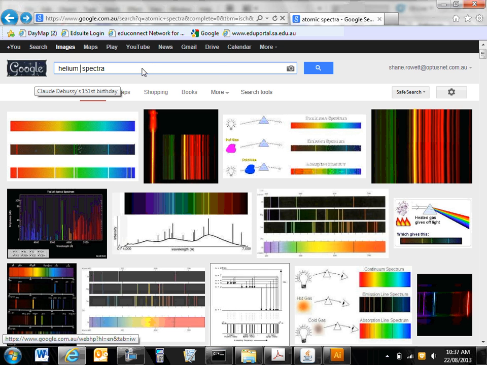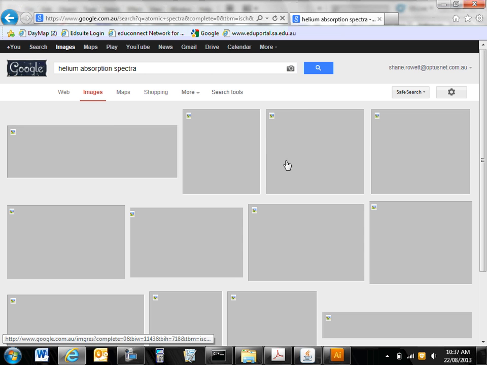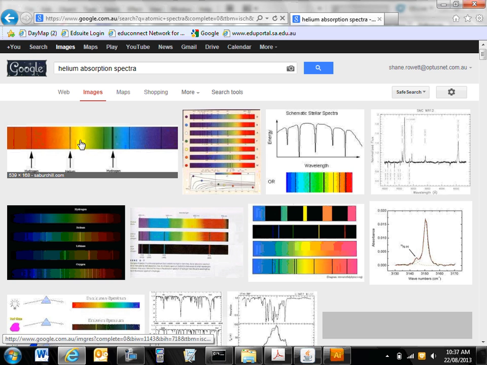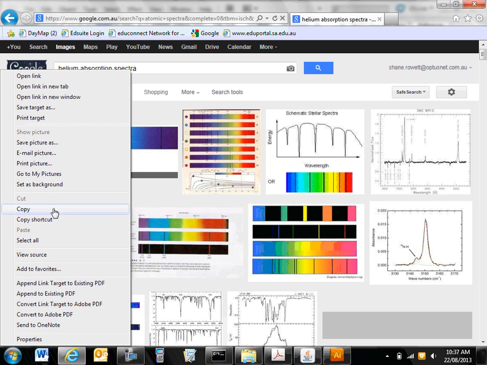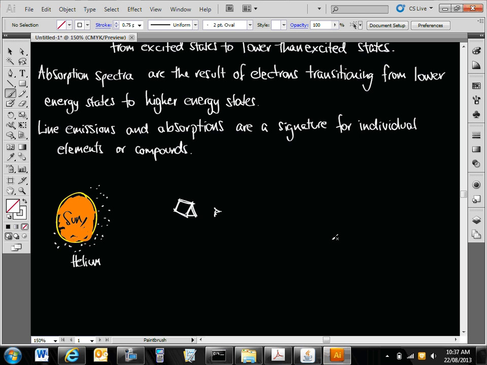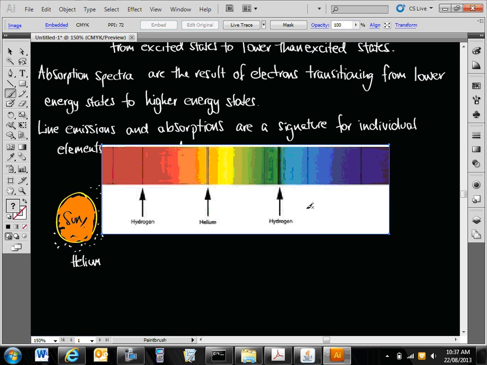Is it frozen? Here we go. I think this is it. I can't see close enough to know that is actually helium. Okay, hydrogen. These are hydrogen lines, obviously. This is a helium line.